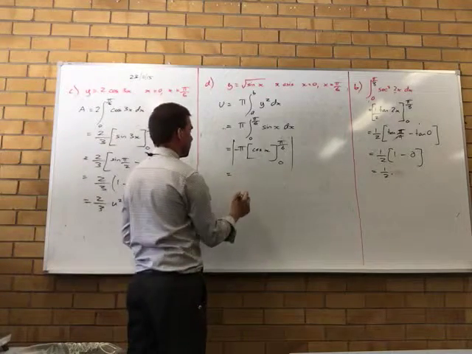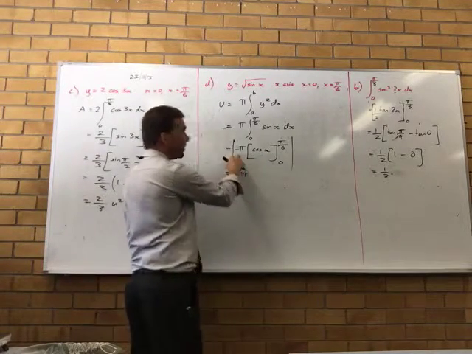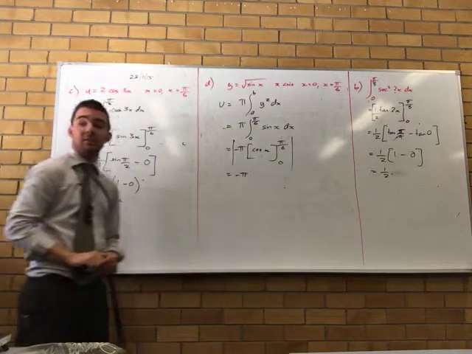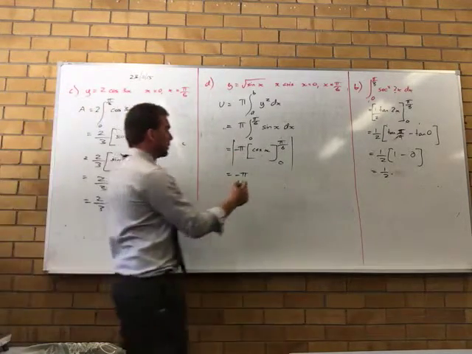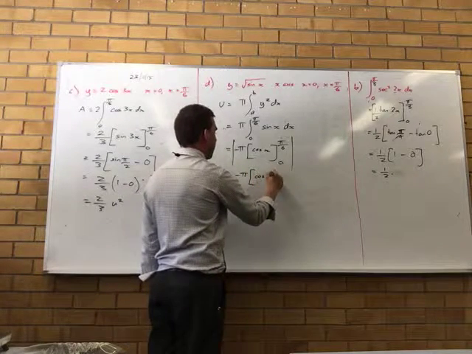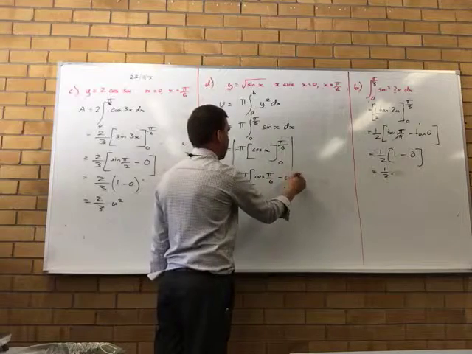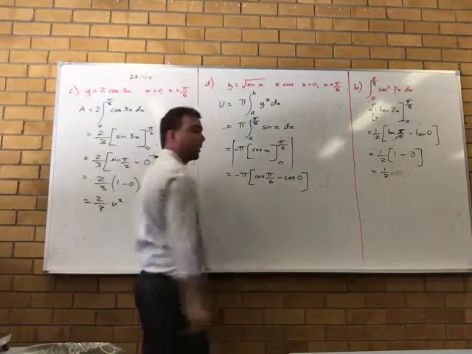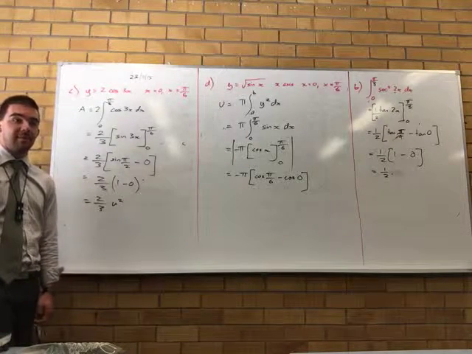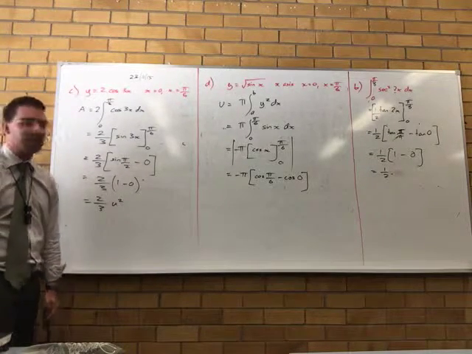So negative pi, you can't just say this is pi, because if you do say this is pi, you'll be wrong. Because you've got cos of pi on 6 take away cos 0. Cos of 0 is 1, which is greater than cos of pi on 6.